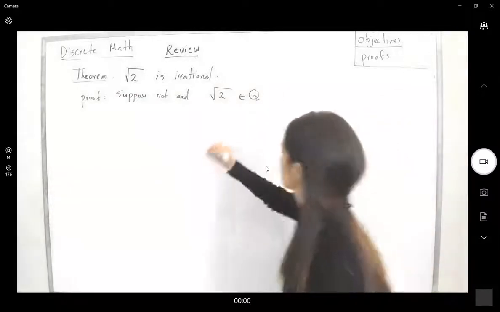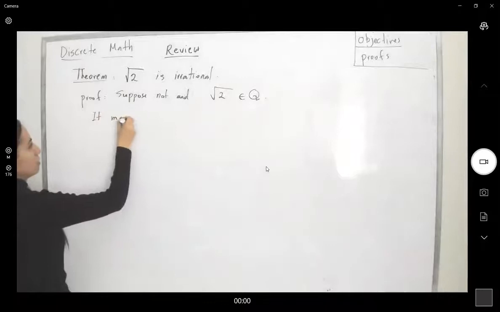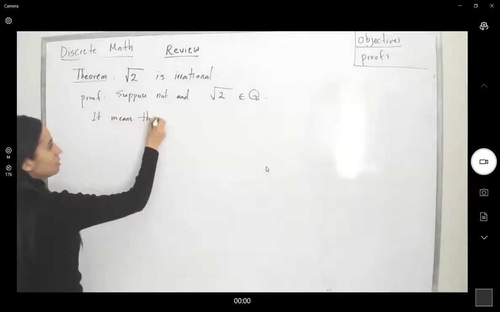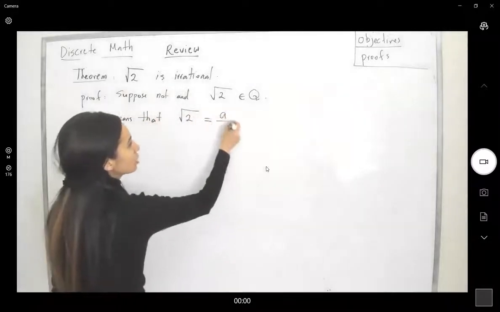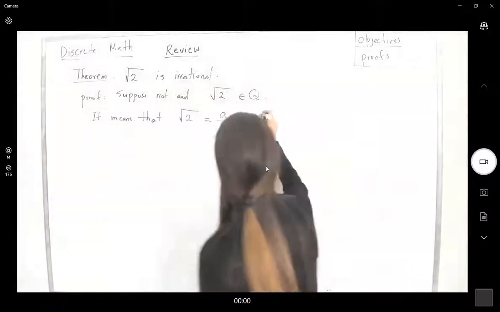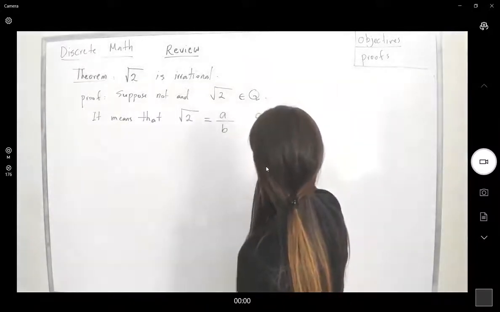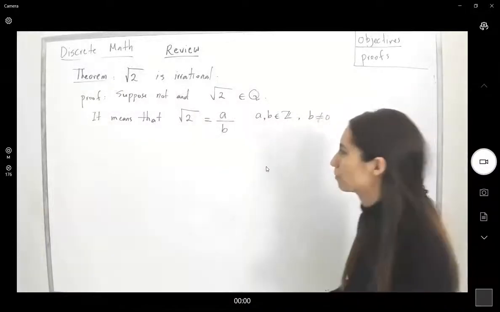So it means that square root of 2 can be written as the division of two numbers, a divided by b. a and b are both integers, and b is not 0.